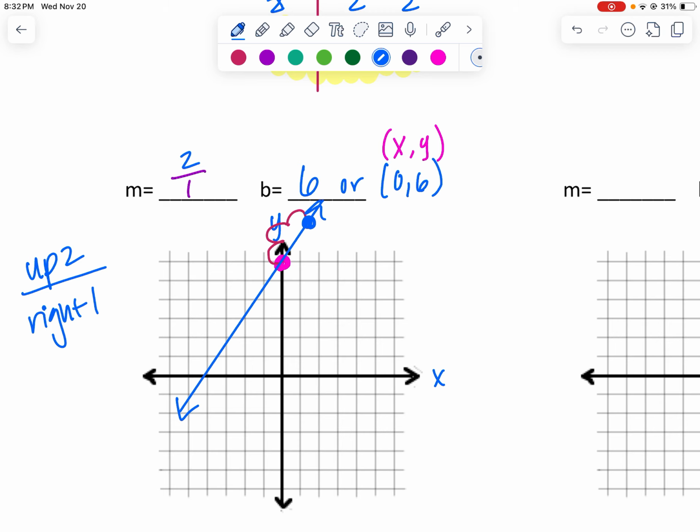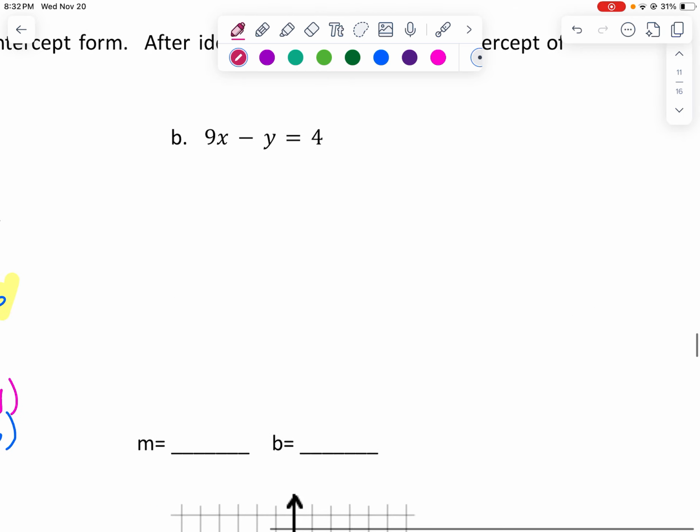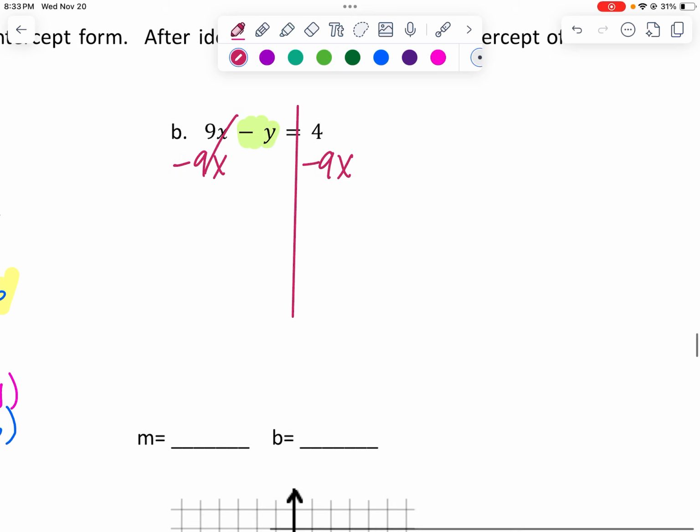Okay, now same exact thing for this one. I'm going to go ahead and draw my little divider. I'm going to solve for y. Looks like I'm going to subtract 9x from both sides. I'm left with -y, so I have to bring that down with me, is equal to -9x plus 4.